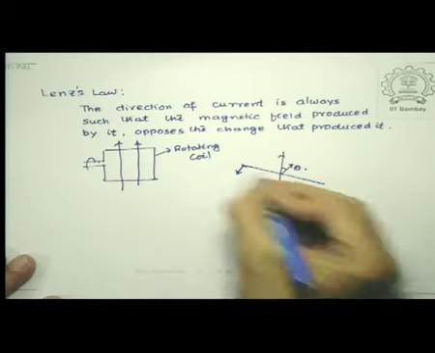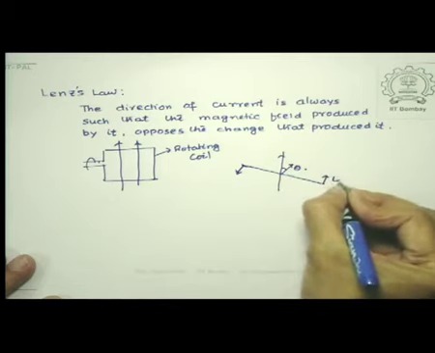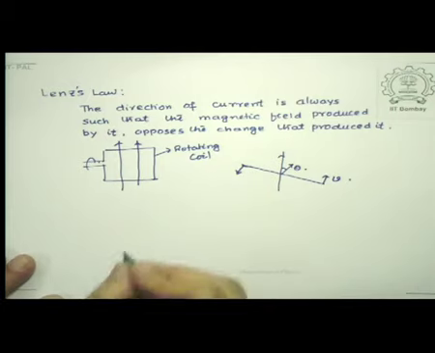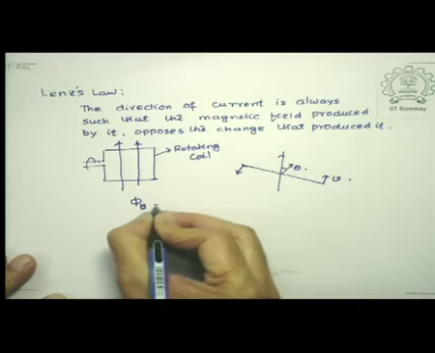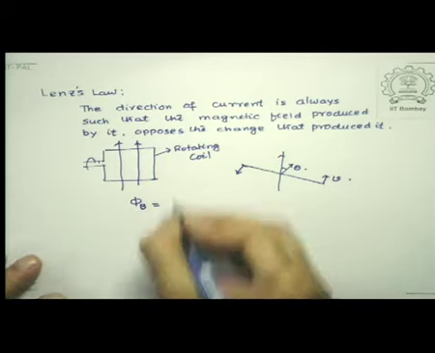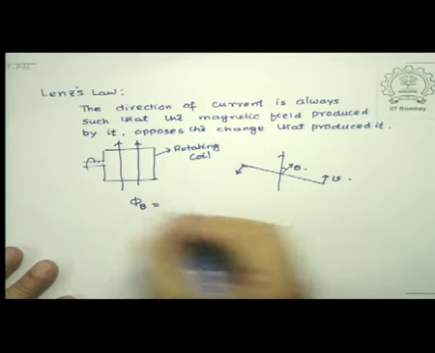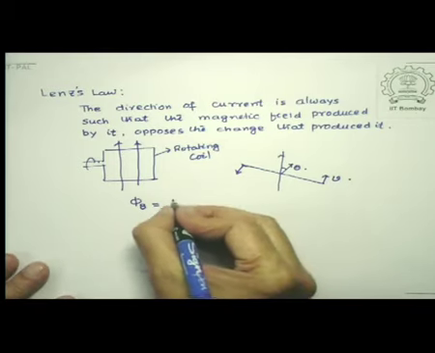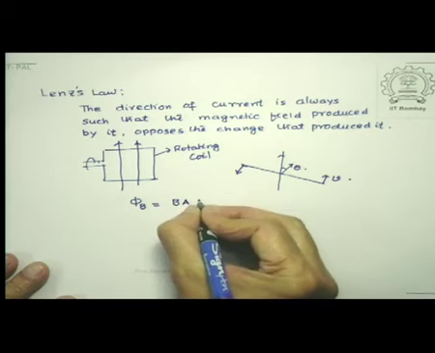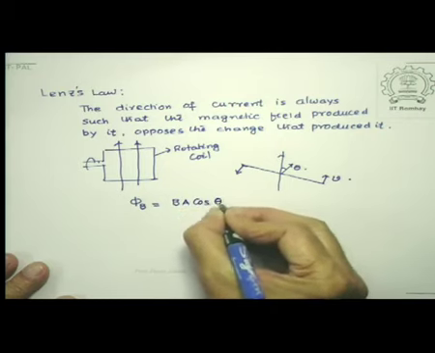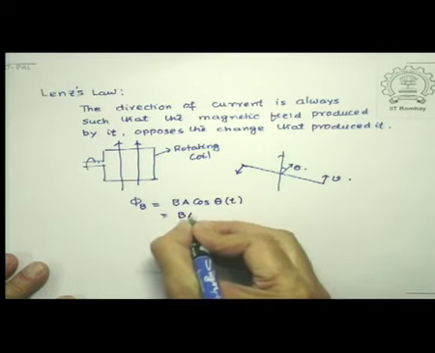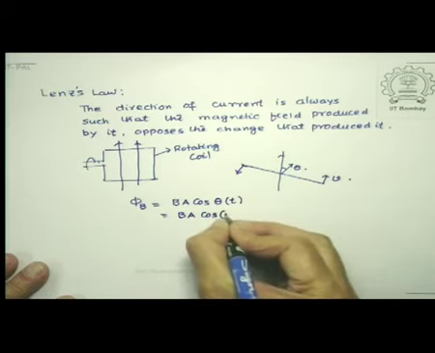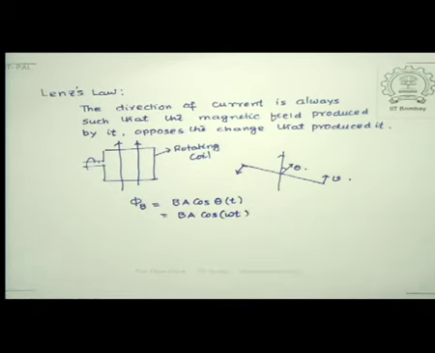So this is the way it's rotating. Therefore the flux produced is B dot A, that is B dot ds. So it is B times A times cosine of theta, which is of course a function of t, and that's equal to BA cos omega t, because the coil is rotating with a uniform angular speed omega.